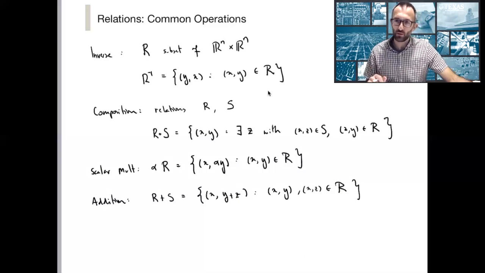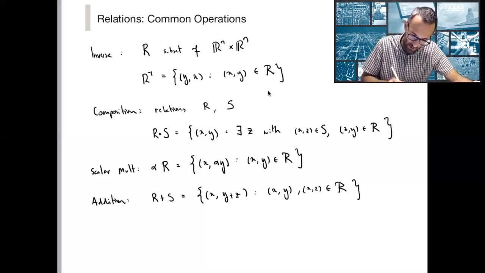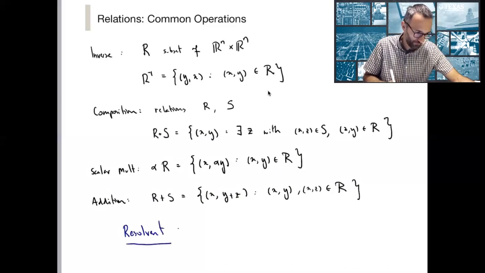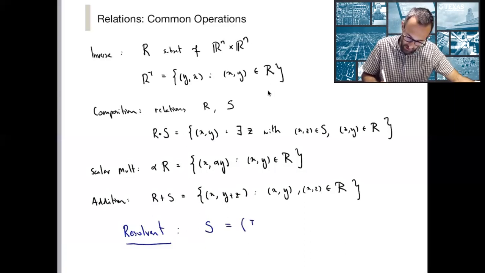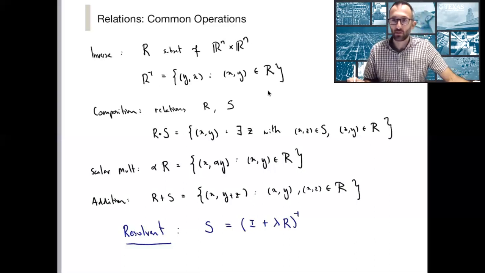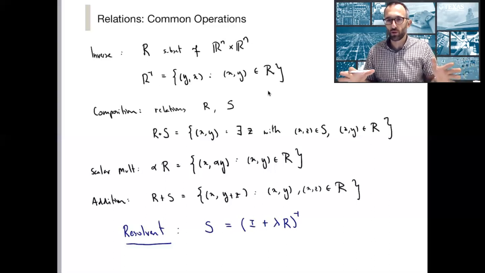One important operation on a relation, which we have already talked about, is called the resolvent. The resolvent of a relation R is the inverse of I plus lambda R. So now we should feel comfortable with exactly what this means. Even though we had written it before for the multivalued operator of the subdifferential, now we've defined all aspects.